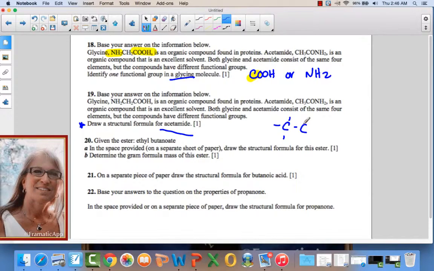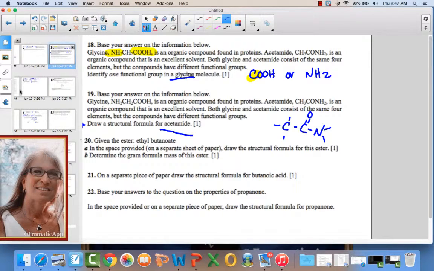Okay, I'm going to show you what to do, but I know that oxygen forms a double bond, so it goes here, and nitrogen forms 3 bonds, so one of them has to be with the C, and then the other 2 are H's. So that is acetamide. Let's go back to table R and see what to do here.